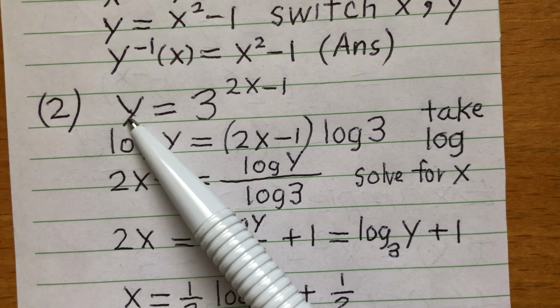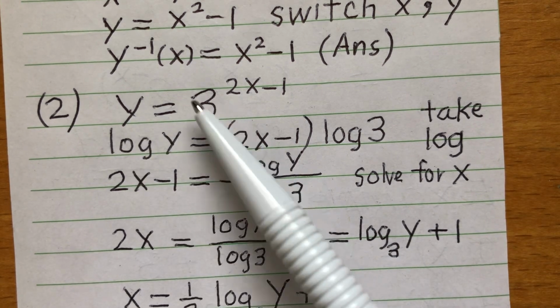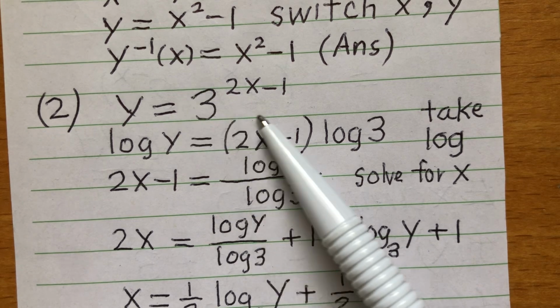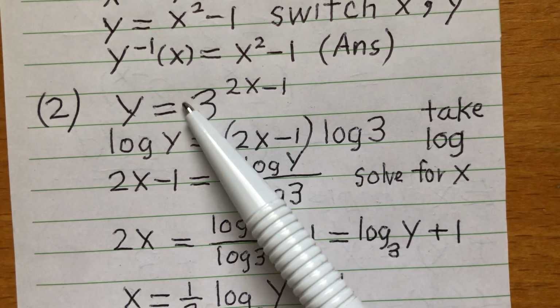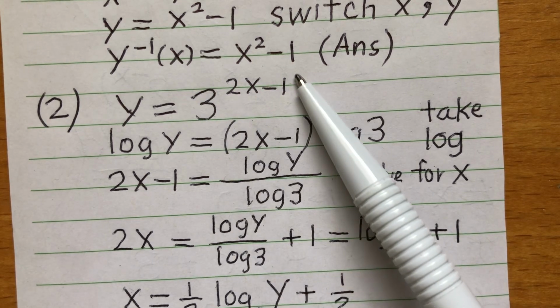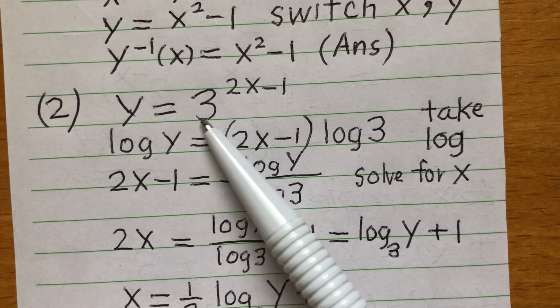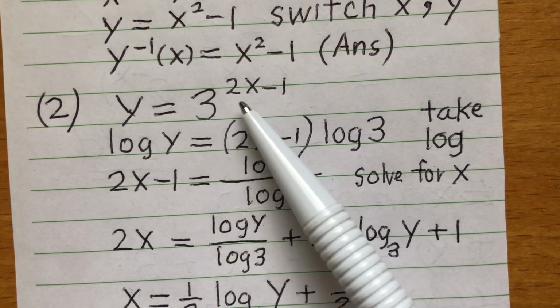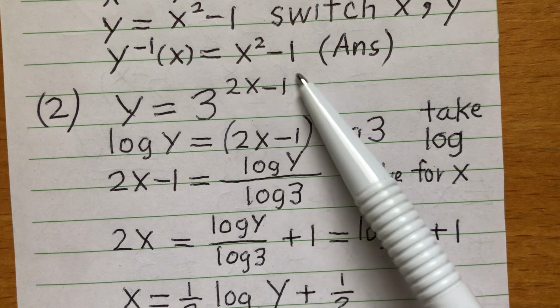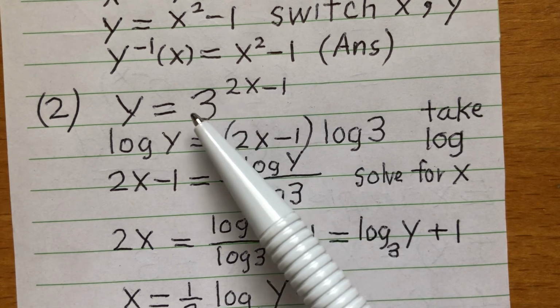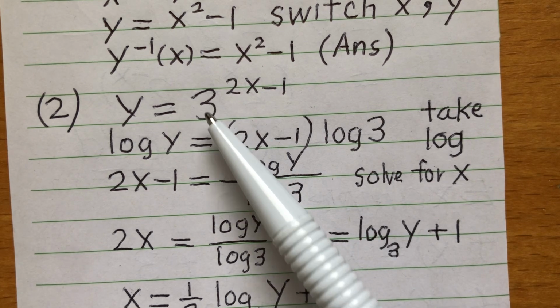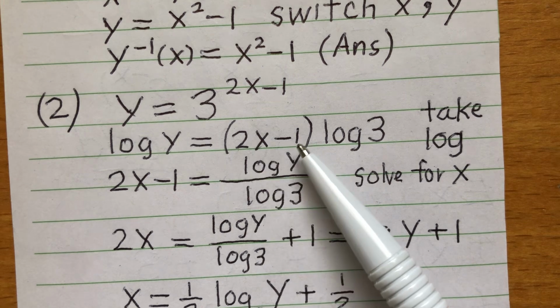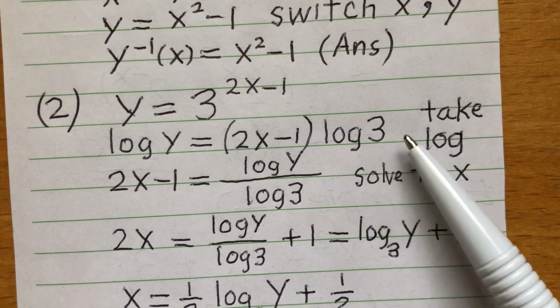So log y is the logarithm of this part. But according to the properties of logarithm, the logarithm of this is the exponent multiplied by the logarithm of 3. So it's 2x minus 1 times log 3.